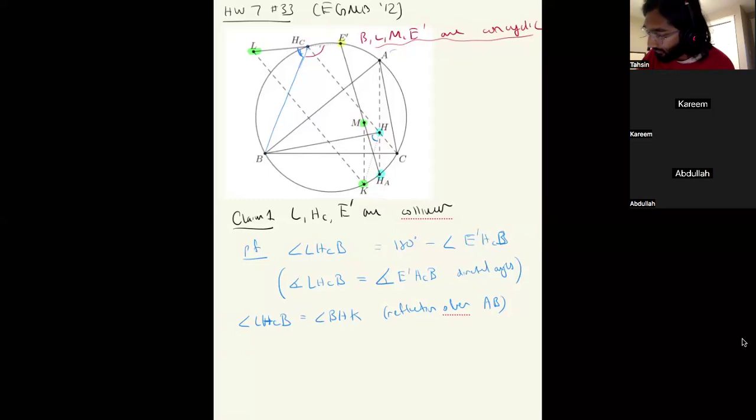So BHK is the same as, let's say, MHAB. And this one is by reflection over BC.